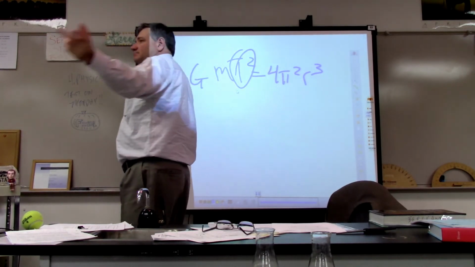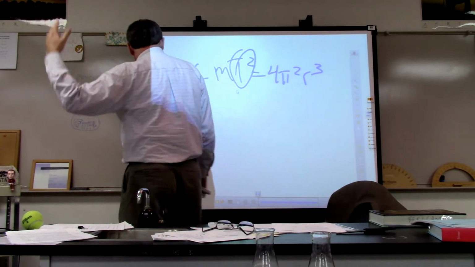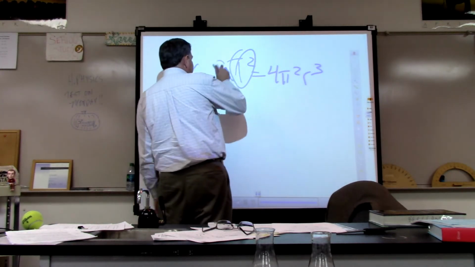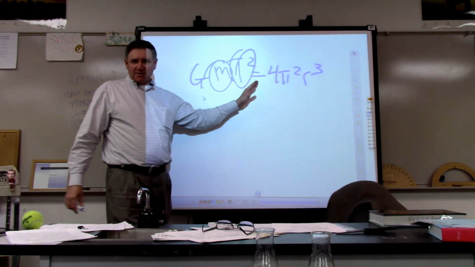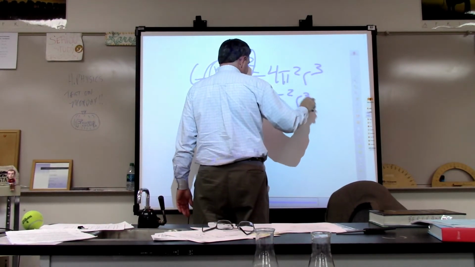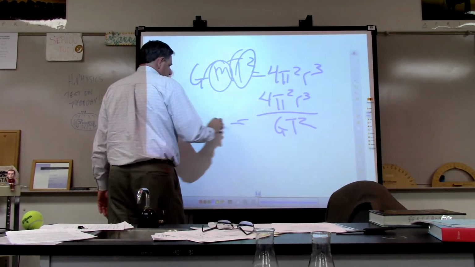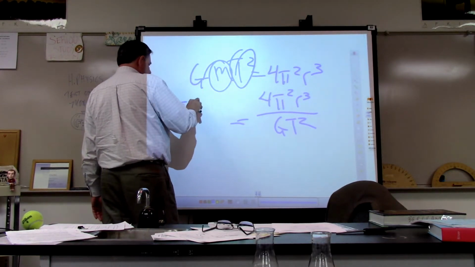Hallie, pick one of the moons. Callisto. Okay? So I want to find the mass of Jupiter from Callisto. So I'm going to have 4 pi squared R cubed over big G T squared. So I've got 4 pi squared.